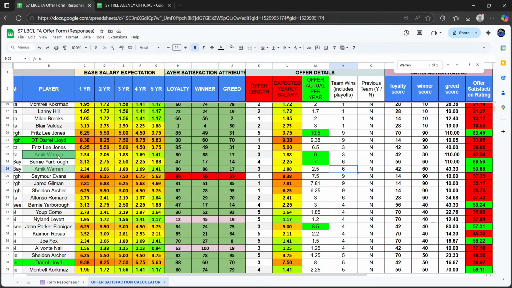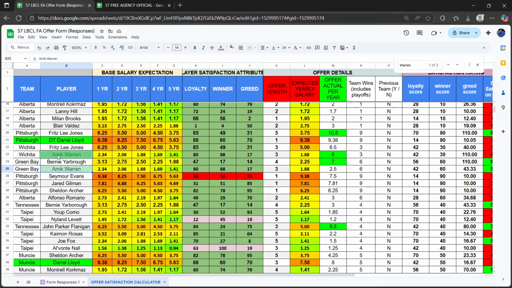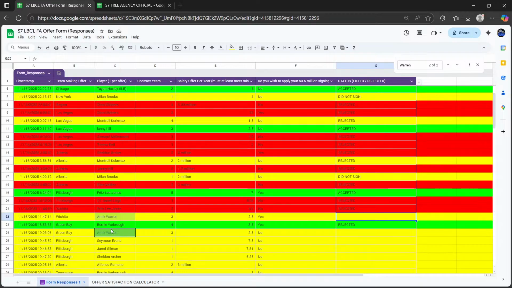That's got to be the driving factor of this decision because Amik Warren essentially said, "I'm going to take less money to play for a better team," and because greed isn't important to Amik Warren, he's only got a 17. He doesn't really care about a huge contract. He wanted to play for a winning team. And all things created equal in that case, Amik Warren chose Green Bay. That's a snub, Wichita.